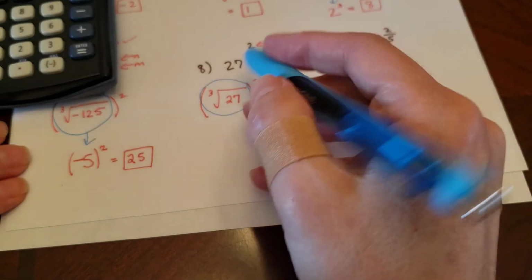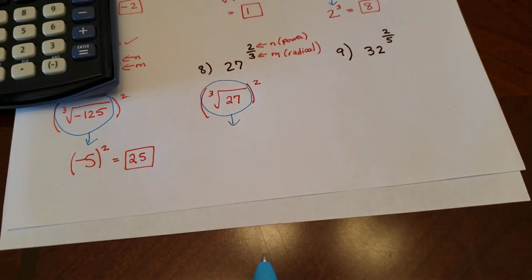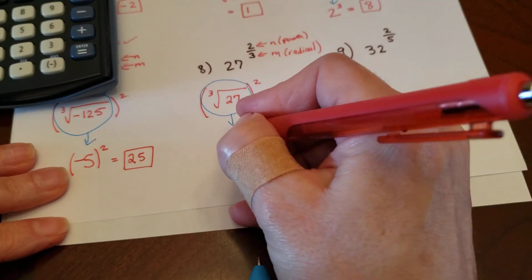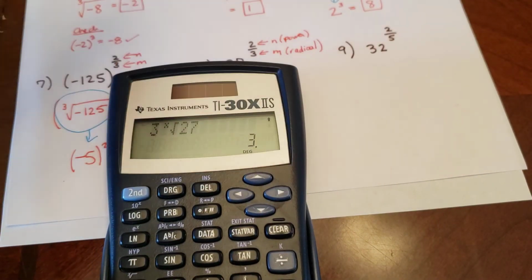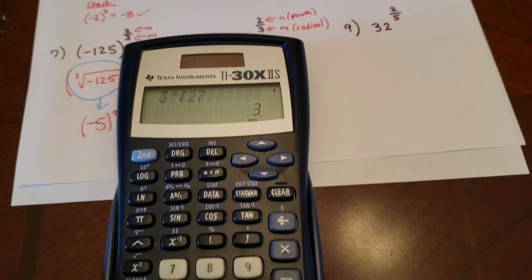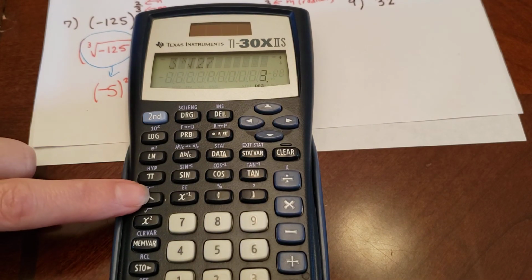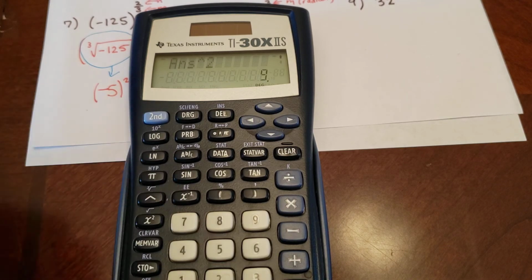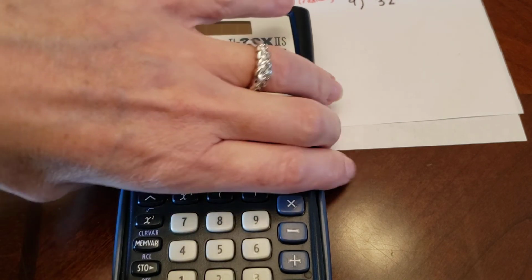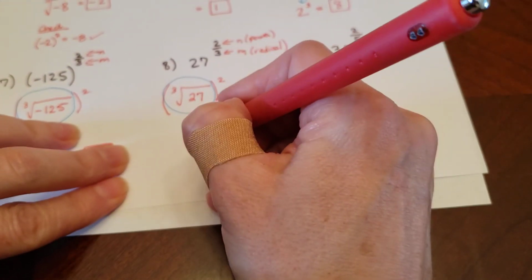I'm going to keep that on there, but this part here is just going to be a 3. And then I need to square it. So then if I keep that 3 here, it was still on there, and I go straight to hitting this button. So that says second answer. So it's holding on to the 3, and we're going to square it, and that's going to give us a 9. So 3 squared is 9.